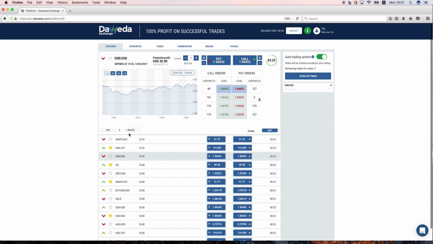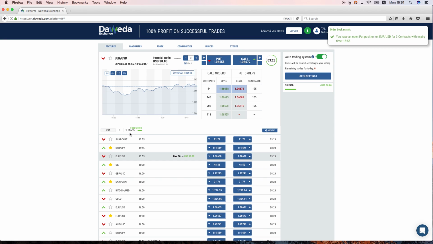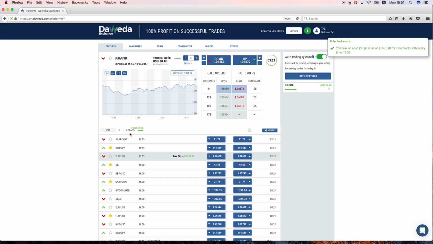That means I think that by expiry time in the next 3 minutes 22 seconds, now it's actually been exchanged. As you see, you have a ticker moving across the screen once it has been exchanged.